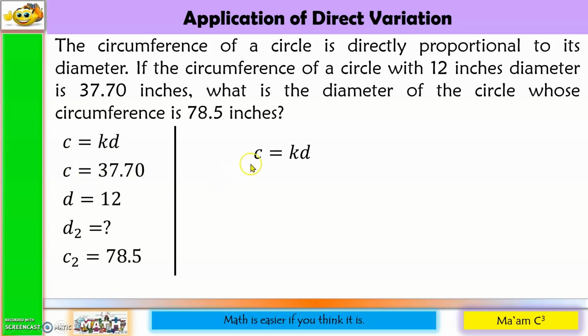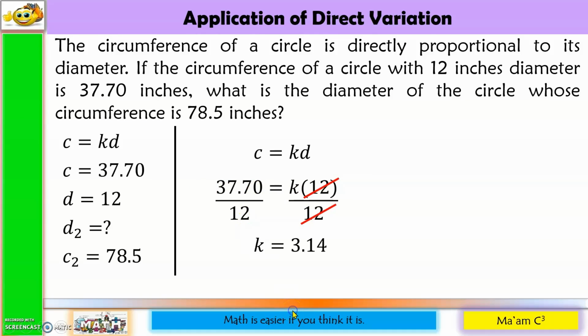Our C is 37.70 and our D is 12. To solve for k, let us divide both sides by 12. So 12 and 12 will be cancelled out. k is equal to 37.70 divided by 12, and that is equal to 3.14. Now let us solve for D sub 2. Again, C is equal to kD.